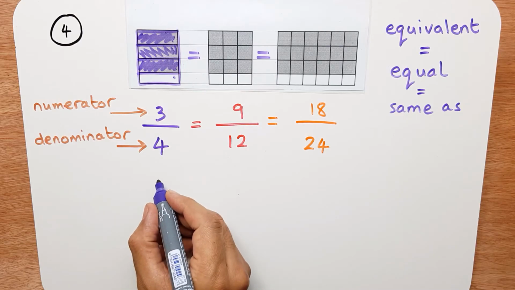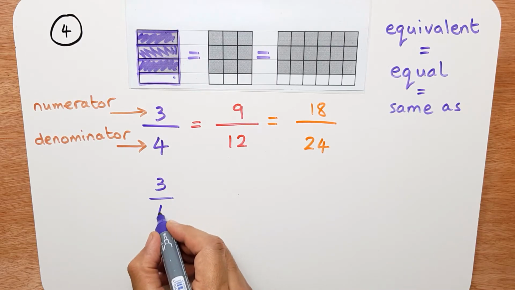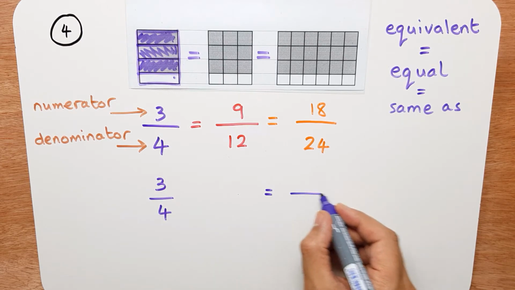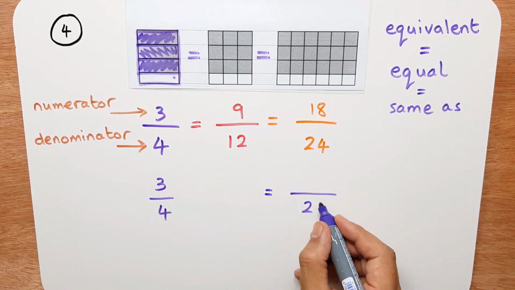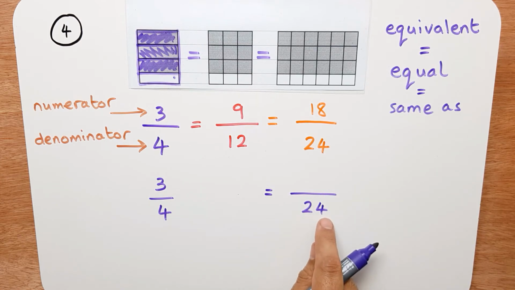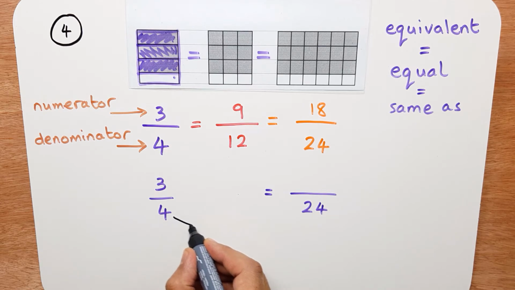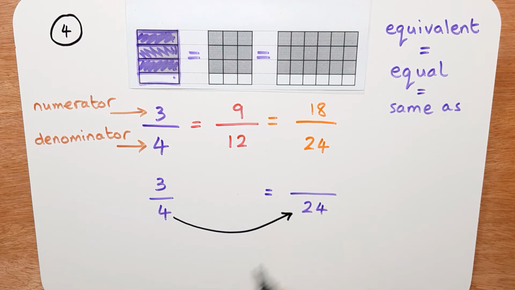So let's look at the second part. So you were given this at the beginning. And this time you were given the denominator, the bottom number. As before, ask yourself, how did you get from 4 to 24? Now, if you know your times tables, it's much easier.